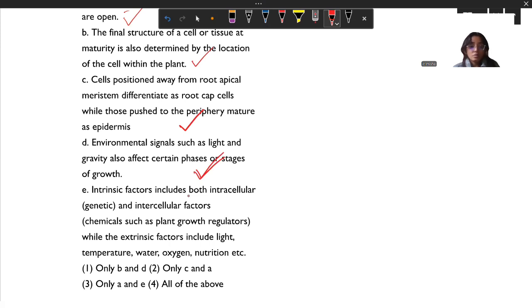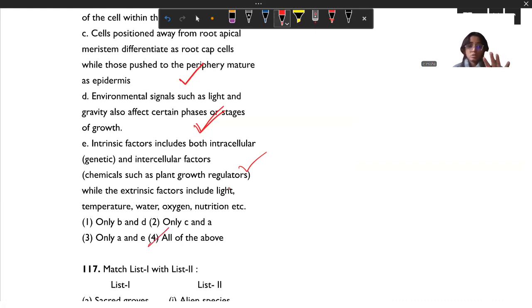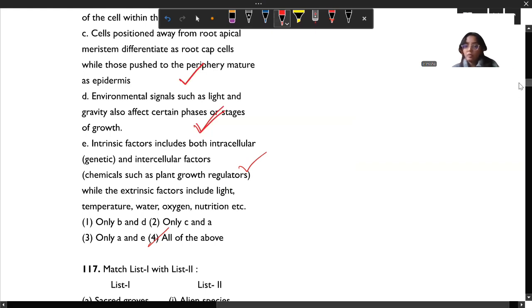Intrinsic factors include both intracellular and intercellular factors, while extrinsic factors include light, temperature, water, oxygen, and nutrition. All these statements are true. So the answer to this question is all of the above. This is directly taken from NCERT.